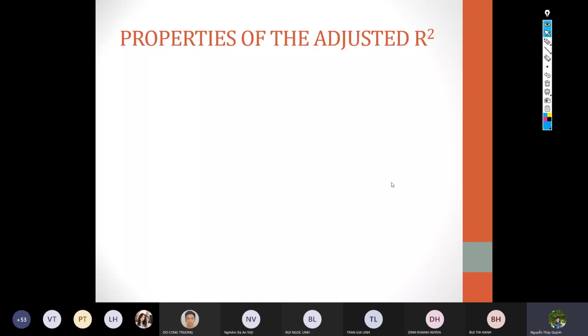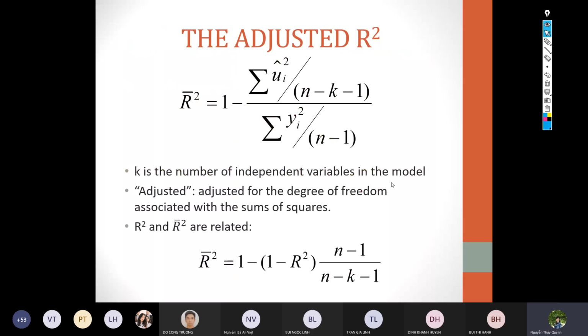We have some properties of the adjusted R square. The first one: when k is greater than 1, then the adjusted R square will be less than the coefficient of determination R square, and R square is smaller than or equal to 1. Actually, let me see this again.